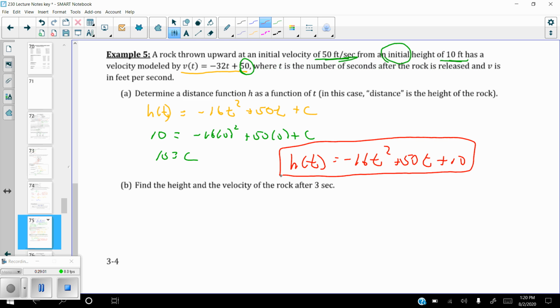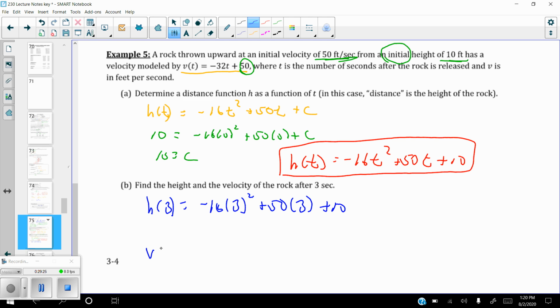And then the last part says, find the height and the velocity of the rock after 3 seconds. Well, that's just plugging in 3 into both of these equations. So we're going to get the height at 3 seconds is negative 16 times 3 squared plus 50 times 3 plus 10.